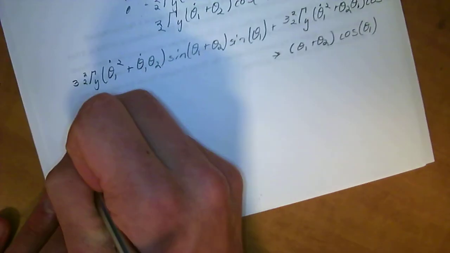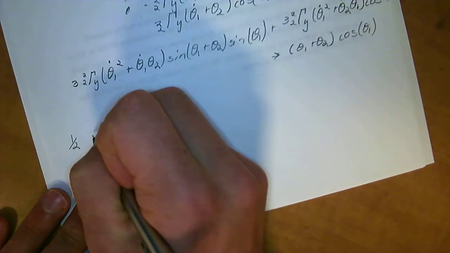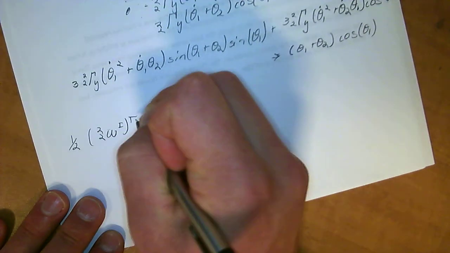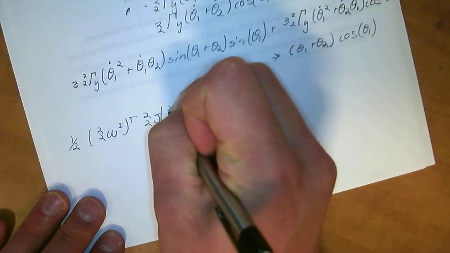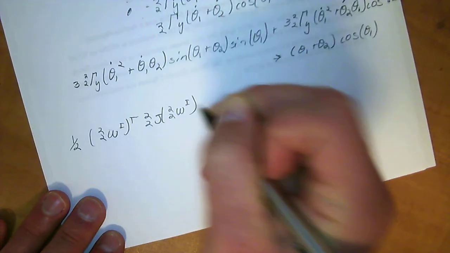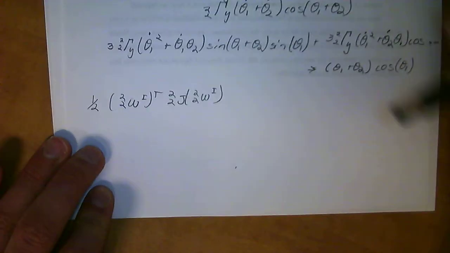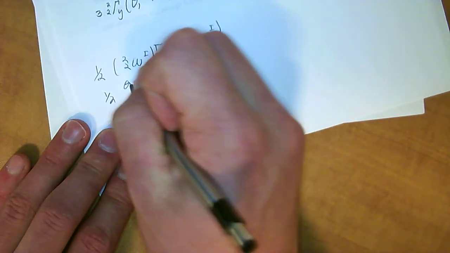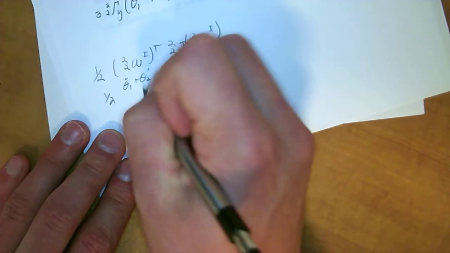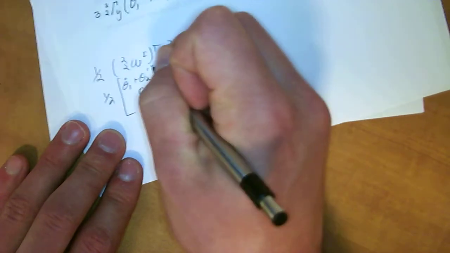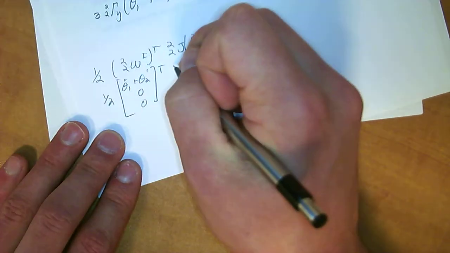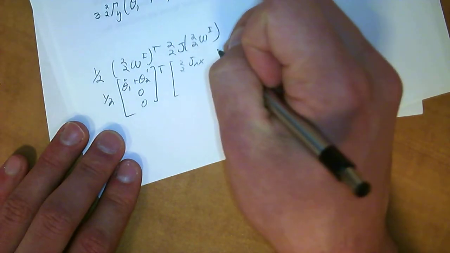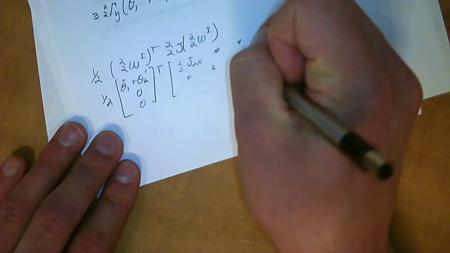For the final part now, all we have to do is do 1 I transpose 2 j of 2 omega I. And if you set this up, you'll end up with 1/2 theta 1 dot plus theta 2 dot 0 transposed times 2 j x, and so on and so forth.